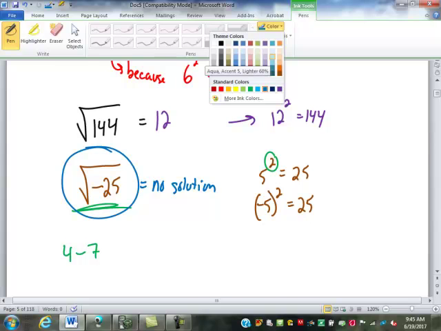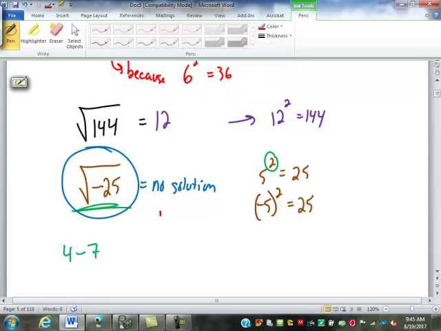Either way, you would encounter this. In our real numbers, some say no solution in the real numbers. By real numbers, I'm talking about numbers that actually exist in the world. In our real numbers, there is no solution to the square root of negative 25.